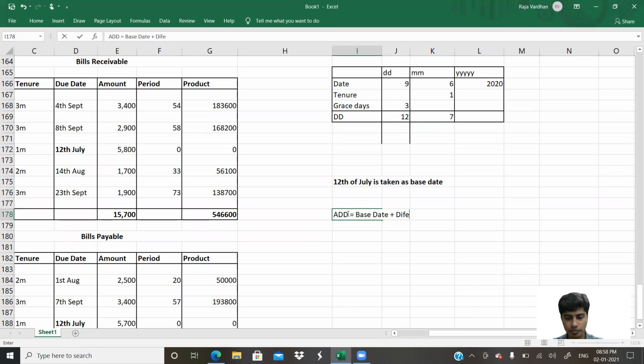Okay, difference between total product divided by total amount. That's it. Come on, let us do average due date is equal to, okay, what is the base date in our question? 12th July.